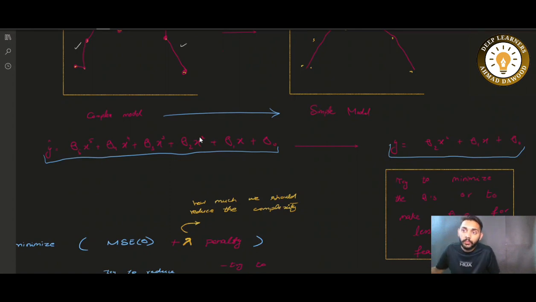Last time I also explained that you can do it manually. If you increase your degree, you get a model that overfits the training data points. You can manually decrease the degree and maybe you will get some optimal model.